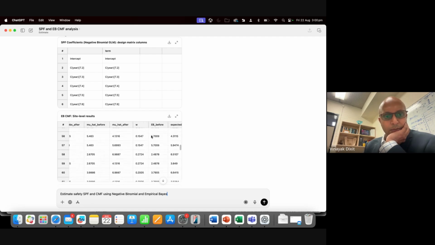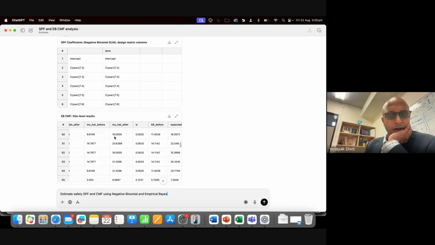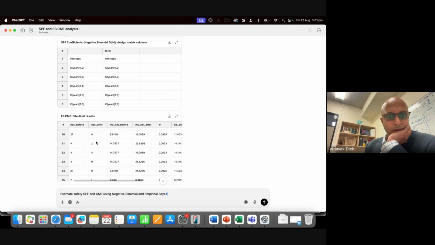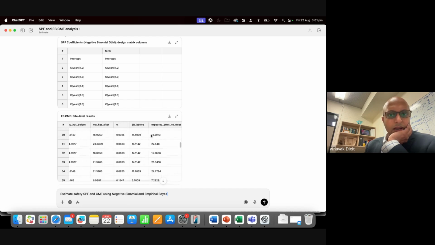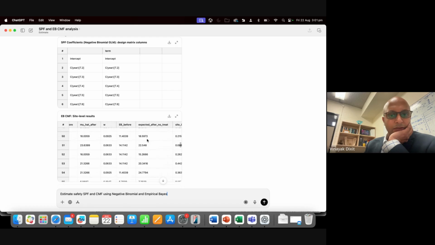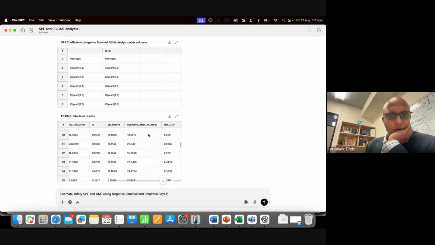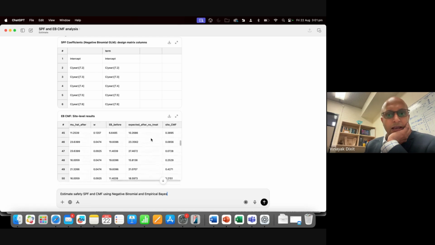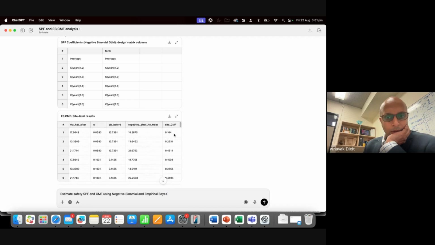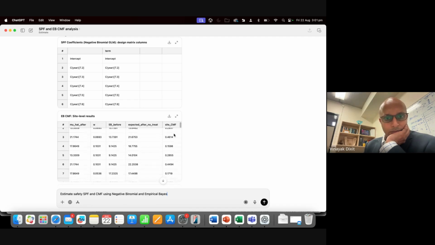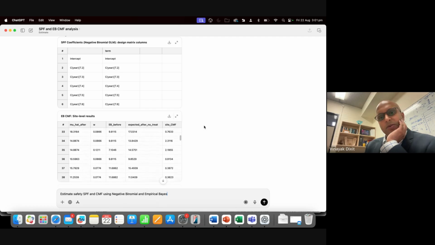So I have the observed before, and you can actually get the expected after with no treatment. So the site specific CMF I can calculate exactly the way we did before.